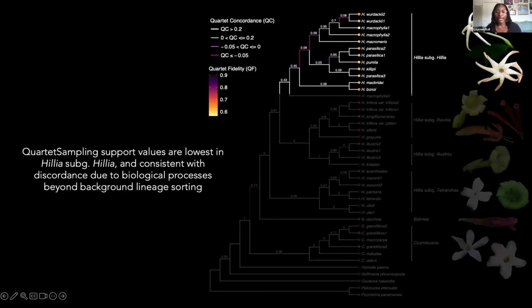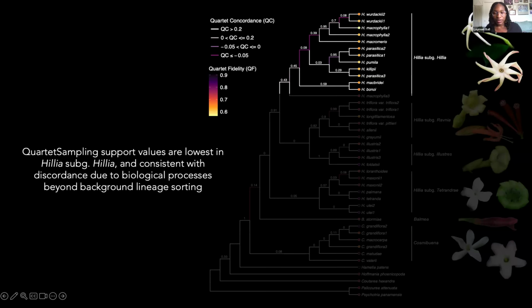And so the main thing to take away from these results is that we estimated the lowest quartet sampling support values also in that group, Hylia subgenus Hylia. And those low scores in the subgenus are consistent with discordance being due to biological processes beyond background lineage sorting, such as, for example, introgression.